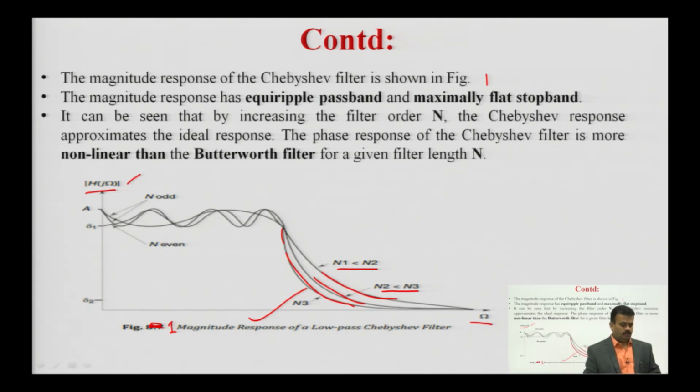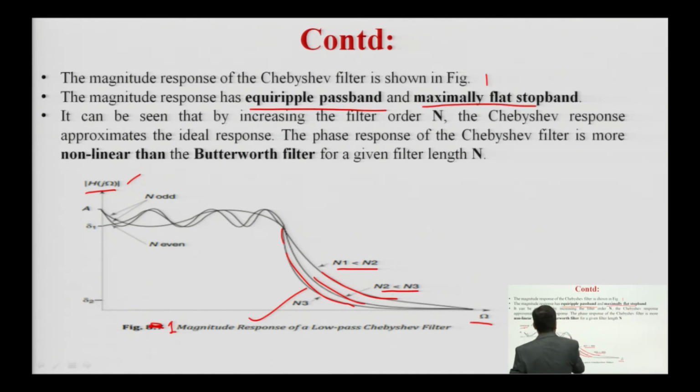In both filters, Butterworth and Chebyshev, your response will change as the order of the filter changes. Now, the magnitude response has an equi-ripple passband and a maximally flat stop band. It can be seen by increasing the filter order N.